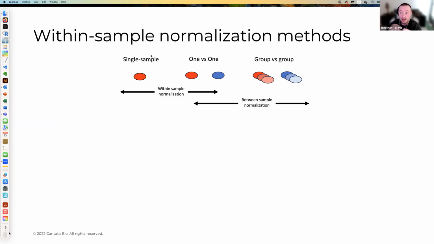But more recently, as the technique has become more accessible and sequencing has become more affordable, we're seeing more and more scenarios where we want to do comparisons between samples, either single sample to single sample or a group of samples, whether they're biological replicates or technical replicates. So I'll give a brief overview of some of the tools that are available, when to use them, and hopefully simplify when you would choose one or the other.